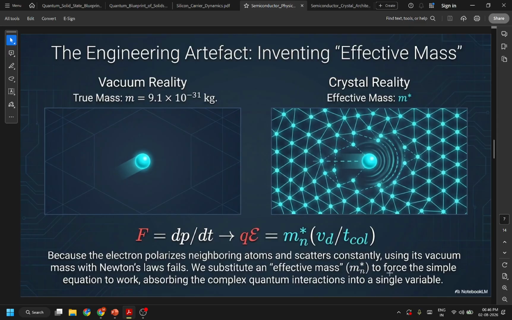So we substitute an effective mass m star to force the simple equations to work and absorb the complex quantum interactions into a single variable. We don't want to complicate our maths. We want to keep our maths simple and apply the normal Newton laws on our carriers. So we combine all the quantum mechanical effects into a single variable m star.